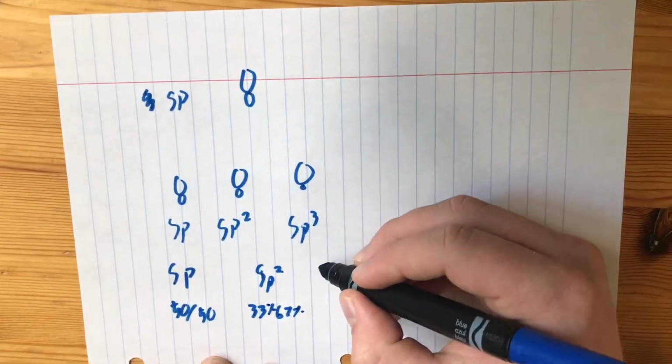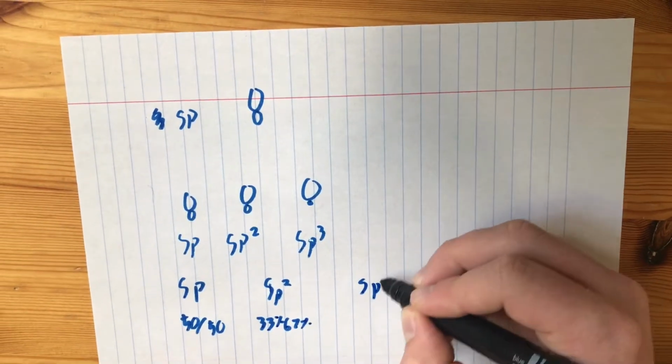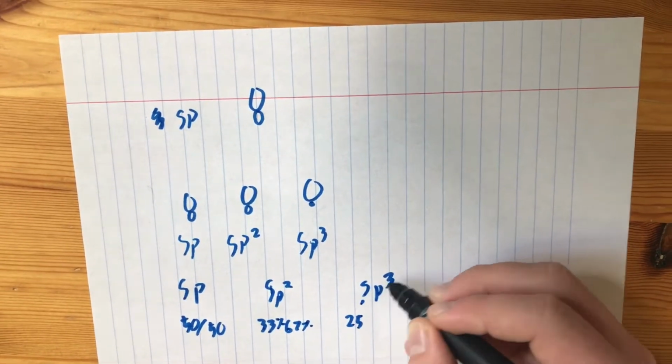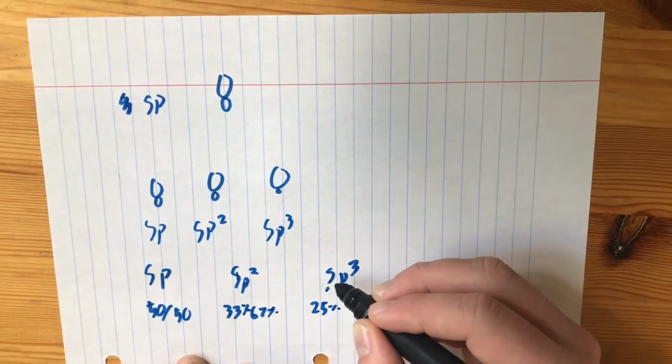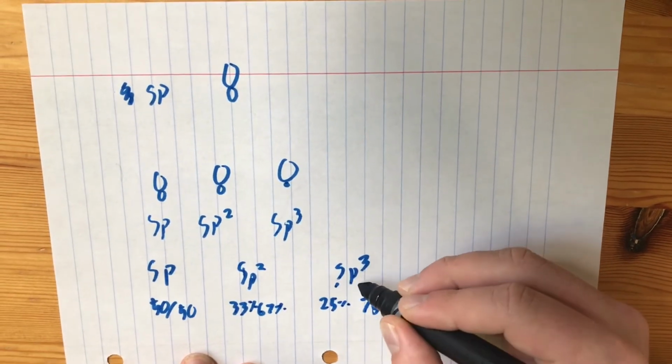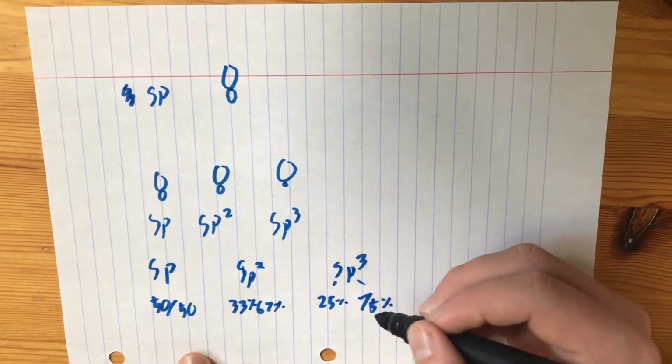And then in the sp3, it's going to be 25% s because there are 4 total and only 1 s, and then 75% p because there are 3 in comparison to the 4 total.